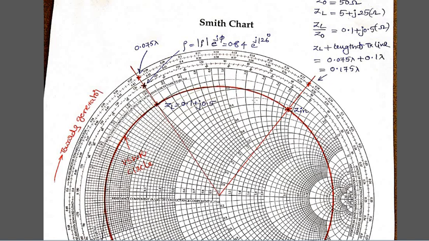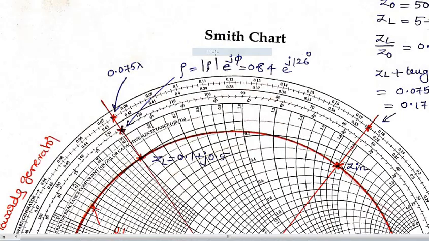Then see this line joining 0.4 real. It is comfortable to observe here, 0.4 real. Then this arc will give you the value. By magnifying only can we understand, so I will make it 150.